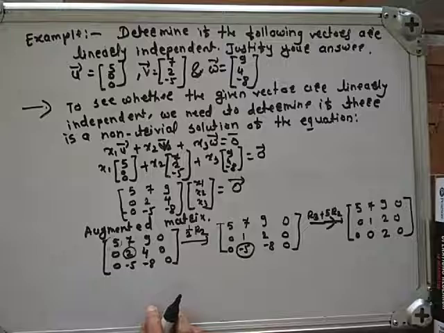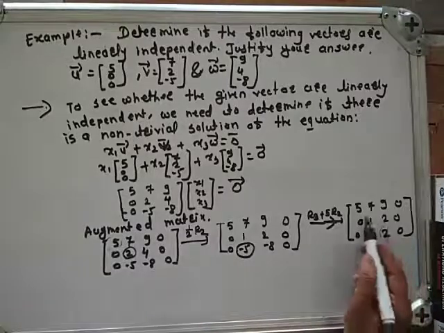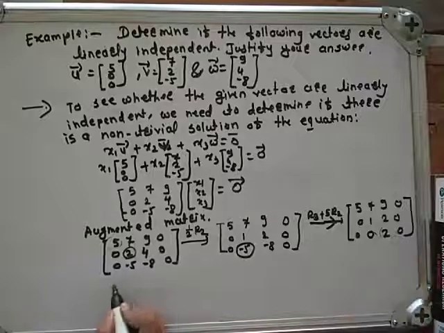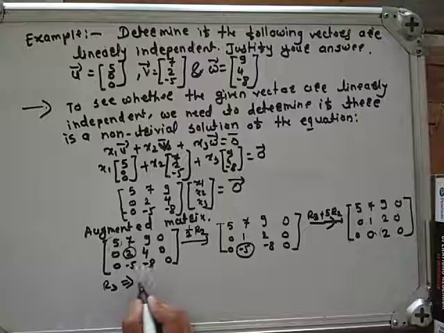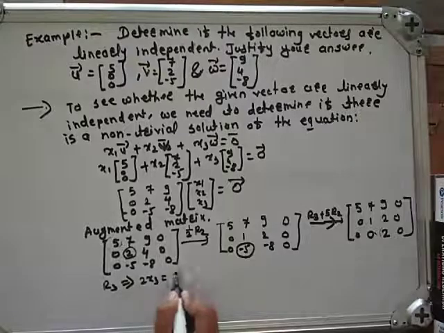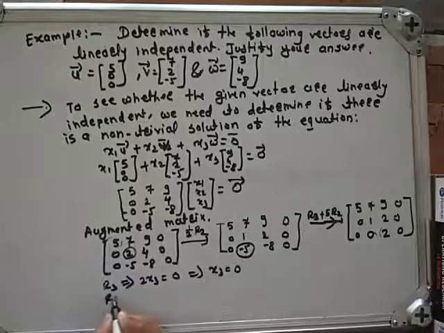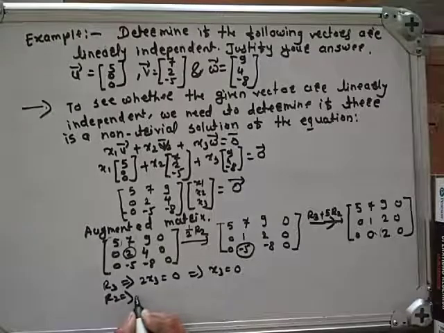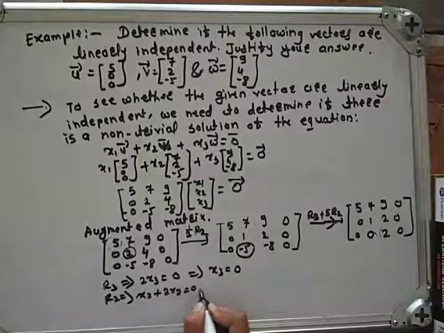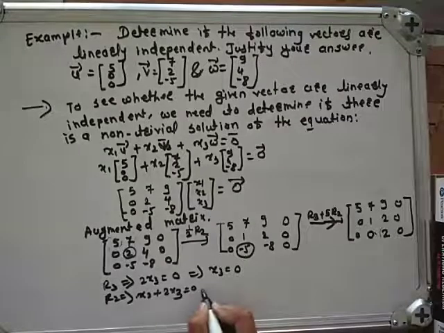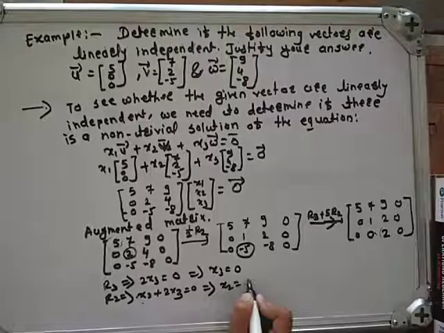Okay, so from this matrix, R3 implies 2x3 is equal to 0, that implies x3 is equal to 0. R2 implies x2 plus 2x3 is equal to 0, that implies x2 is equal to 0.